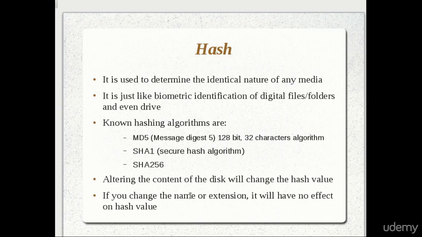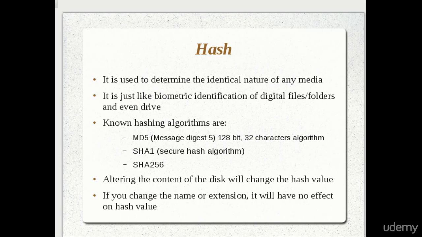In the previous chapter you saw the process to get the disk image, and in this chapter you will see how to verify its hash value. The hashing process is very crucial in computer forensics.